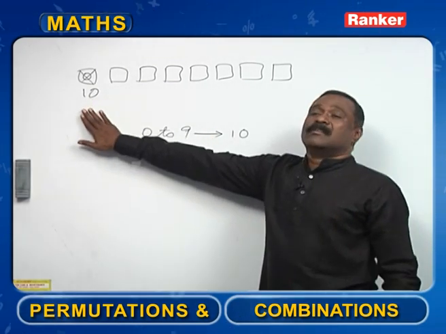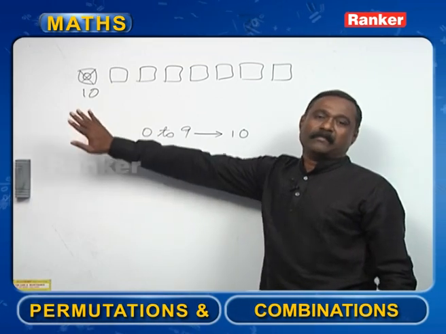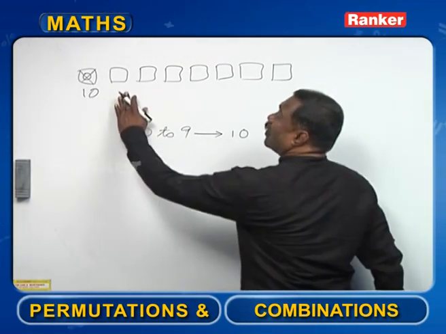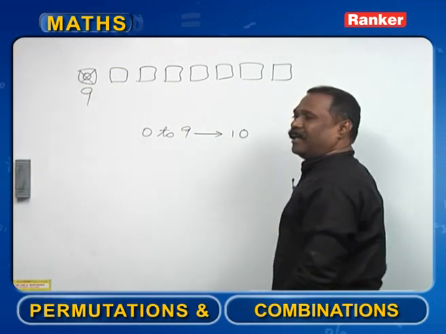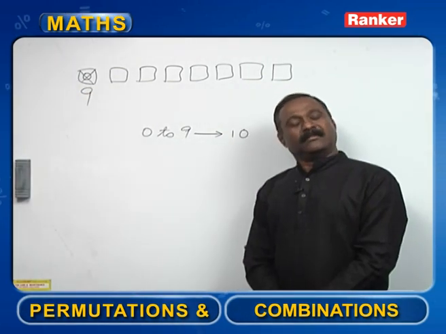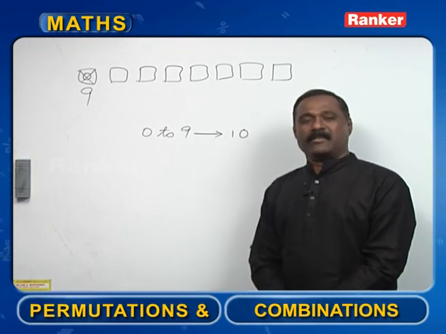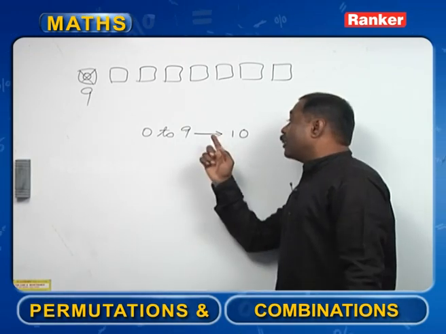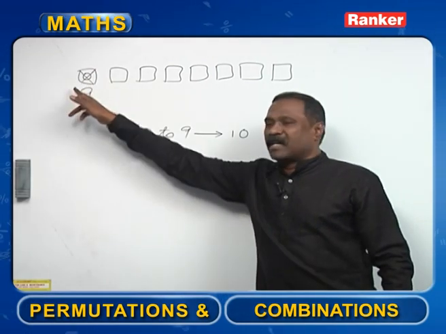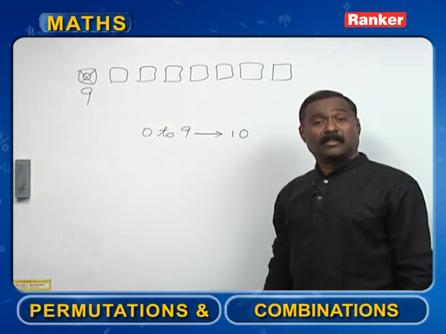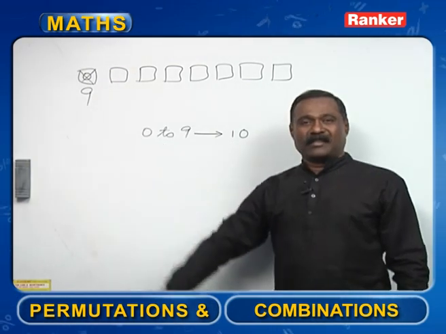So 10 digits should not be used here. Then in such a case, 0 should be avoided. So I will fill it only in 9 different ways, by avoiding 0. I'll avoid 0 here. That is why I put a cross mark here, for a better understanding that 0 is avoided in this case.